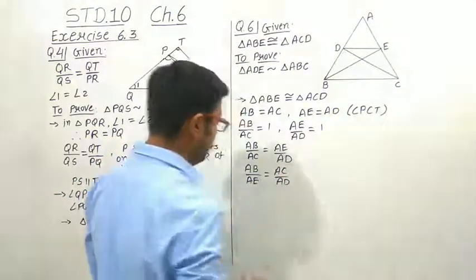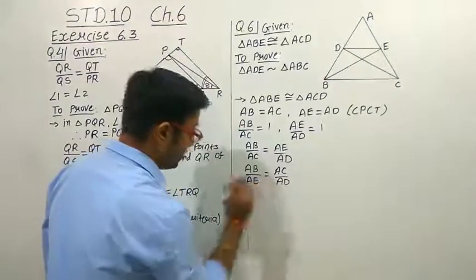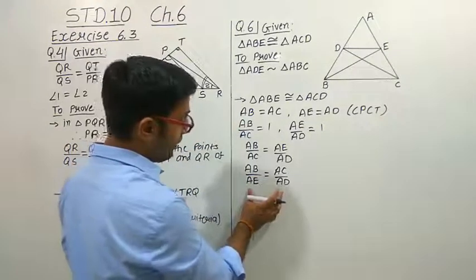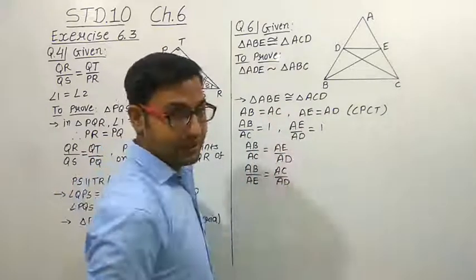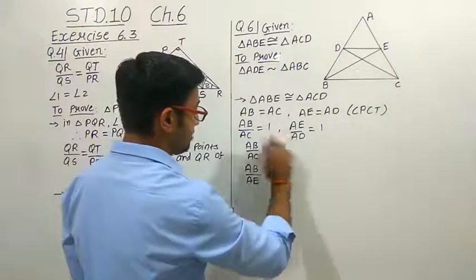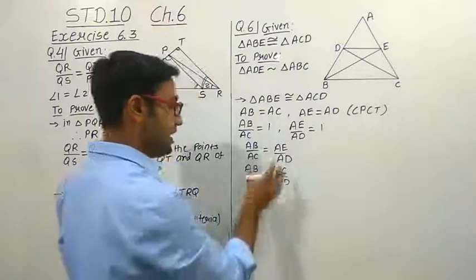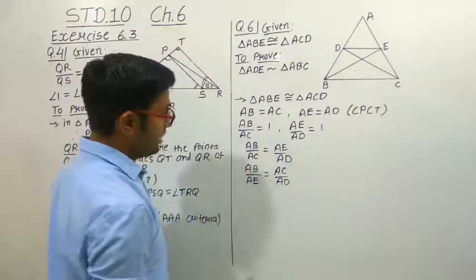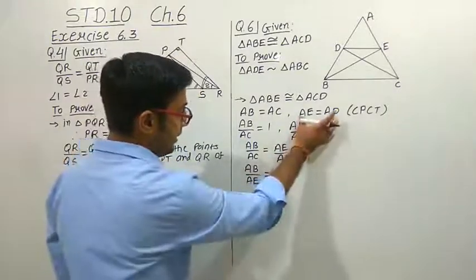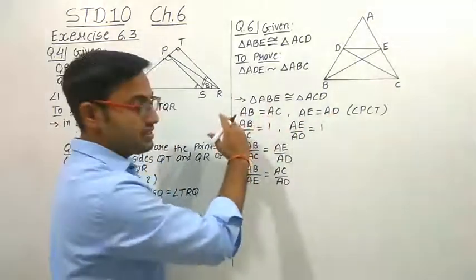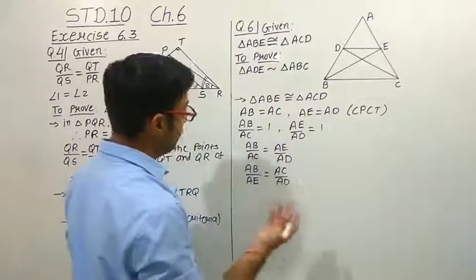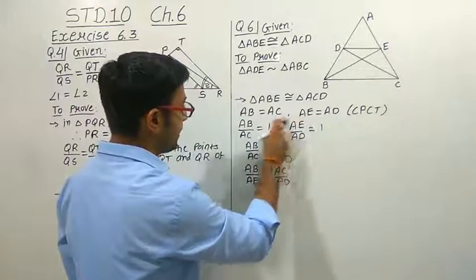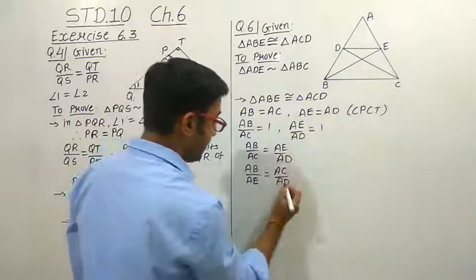Or we can directly divide this equation by this equation, left hand side by left hand side and right hand side by right hand side, and we also get the same thing, AB upon AE is equal to AC upon AD.